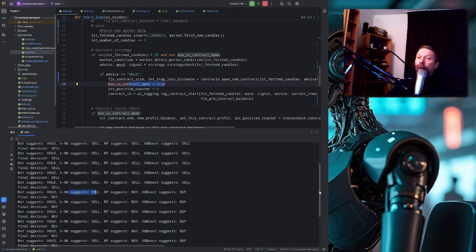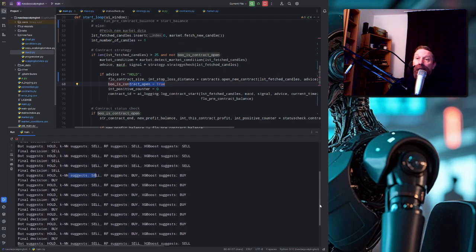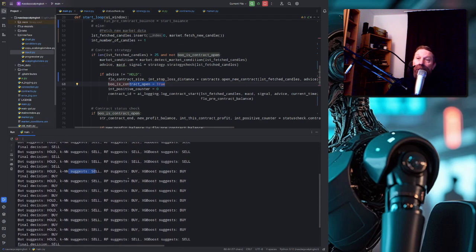The RF and the XGBoost are always in agreement with each other, which gives me the reason to think that if it goes on for the rest of the week, I will simply disable the KNN, because it's useless when it says sell even when it should be a buy, like you see right here. I have 1, 2, 3, 4, 5, 6, 7 buys, and all the time the KNN suggests a sell. So if this continues, I'm not going to use the KNN.